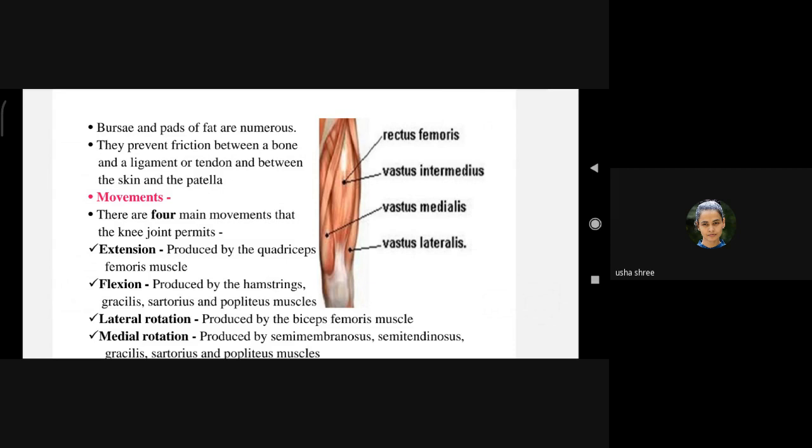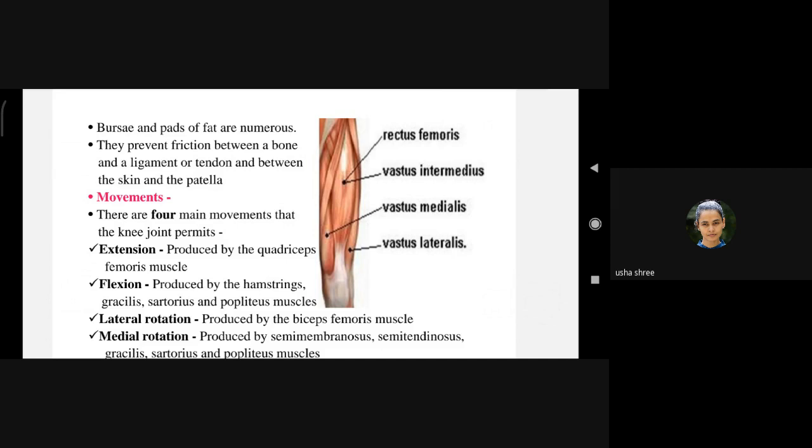They are placed to prevent friction only. Now, the movements of the knee joint are four. First one is extension, produced by quadriceps femoris muscle.